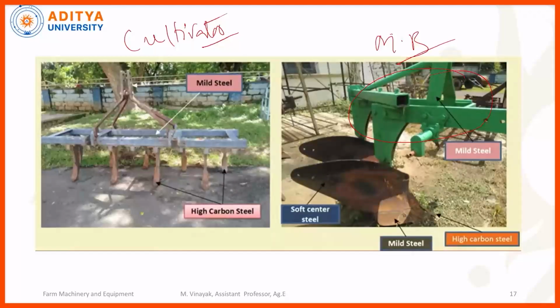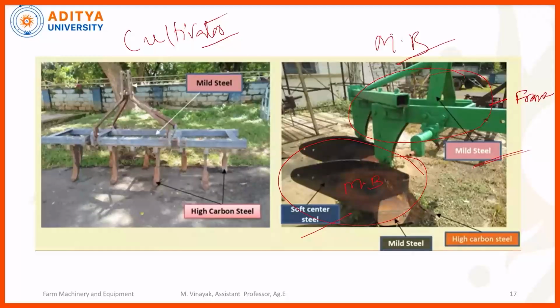So this entire section is called the frame, and this entire section is called the moldboard. Some other parts are also there, which I will explain later. Regarding the frame, most moldboard plow manufacturers construct it with mild steel. Next, soft center steel is used for the construction of the moldboard.